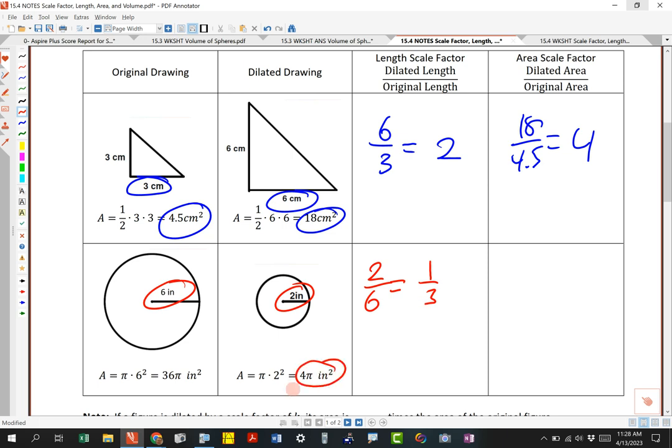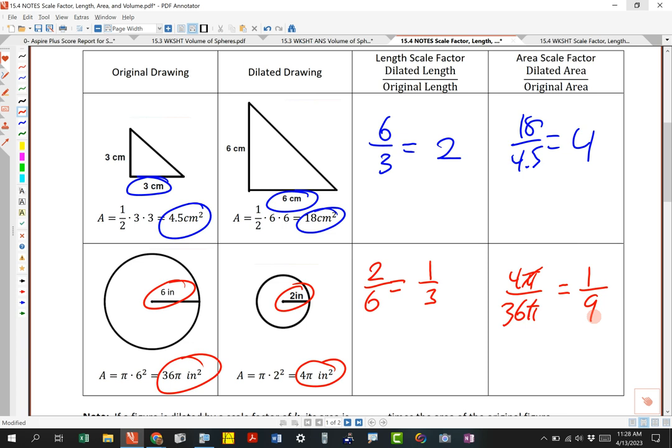We're going to take the new area and divide by the old area. So we're going to have 4 pi divided by 36 pi. The pi's, of course, are going to cancel, and we're going to end up with 1/9. Don't say anything.